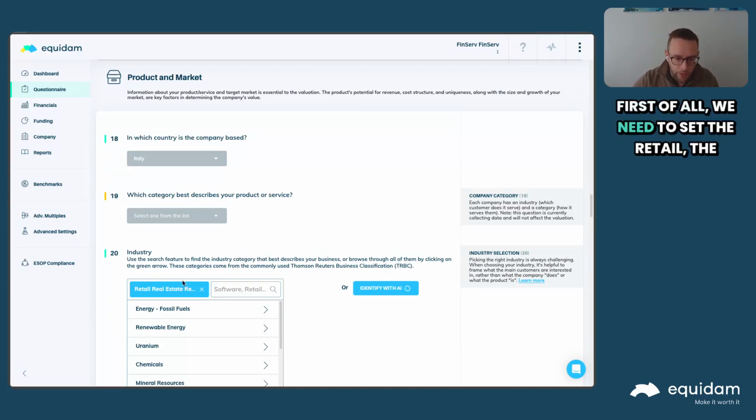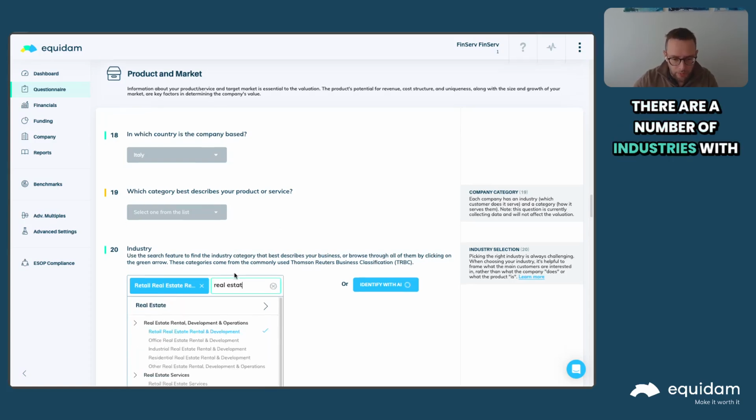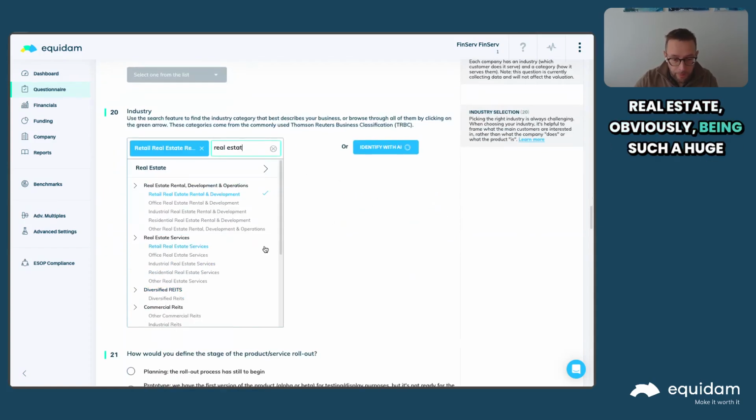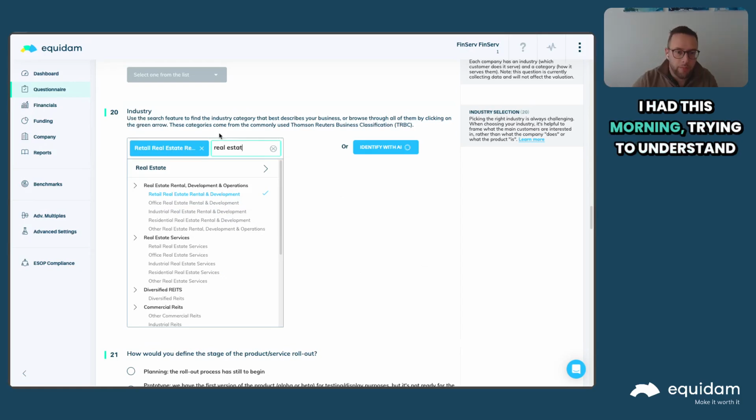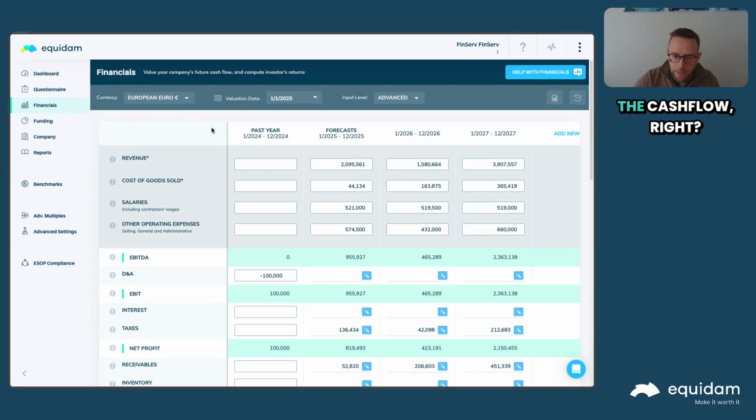First of all, we need to set the industry to real estate. There are a number of industries within real estate, obviously being such a huge industry. But if we're talking about rental and development, and this comes from a conversation I had this morning, the cash flow is going to come from incoming rentals.